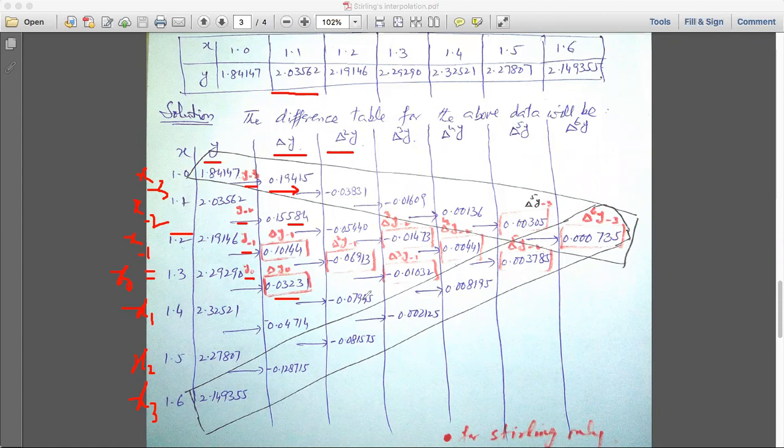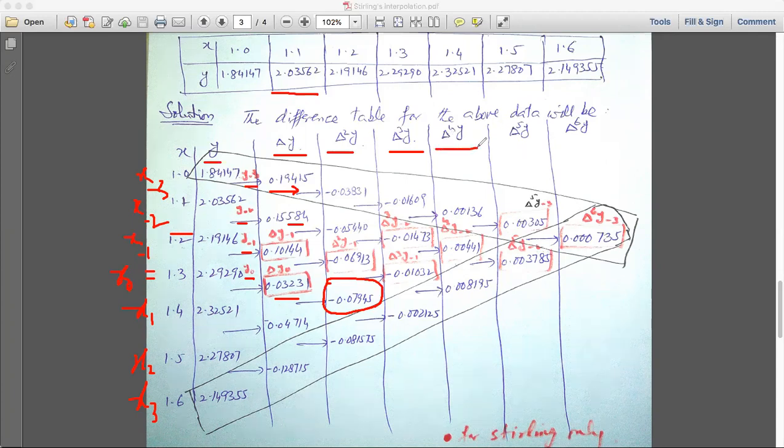So this is delta square y minus 1 and this value is delta square y naught. ठीक है. Again find the difference, delta cube y, वो तमाम हमारे पास values आ जाएंगी and we know how to find the difference of these two values. इनका difference हम find करेंगे.